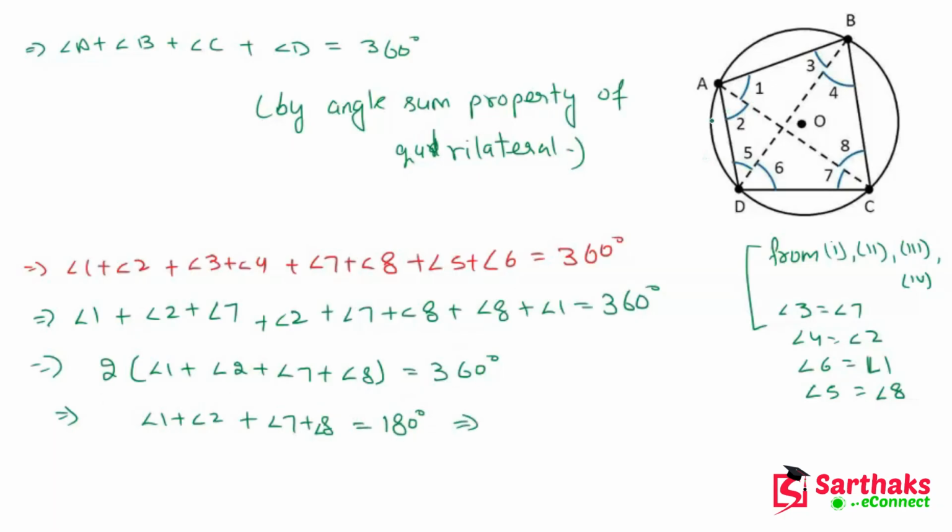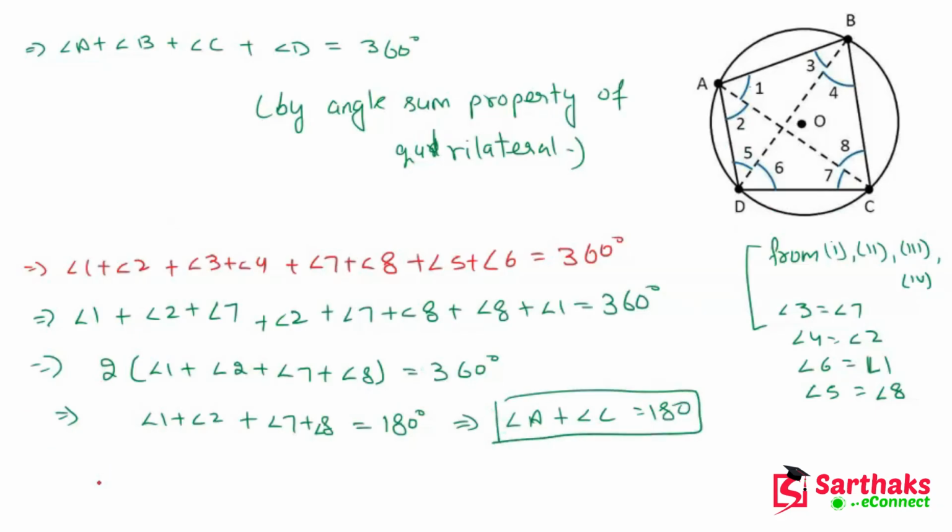Now angle 1 plus angle 2 is angle A, and angle 7 plus angle 8 is angle C. It means angle A plus angle C is equal to 180 degrees.